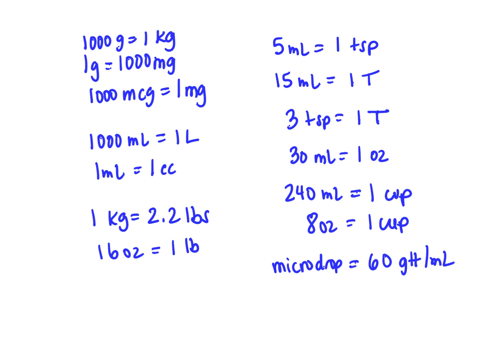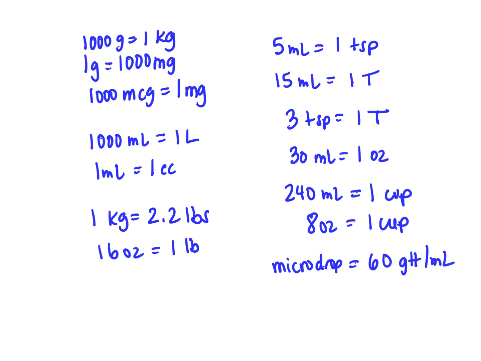Before we move any further, it is important that you memorize the conversion chart, and these are the most common ones that we will use all the time. So these are the ones that you have to memorize, and it includes also milliliters per cup and ounces per cup, mLs per ounce, teaspoons, your metric conversions, weight conversions, and then also the micro drop factor tubing is 60 drops per mL.